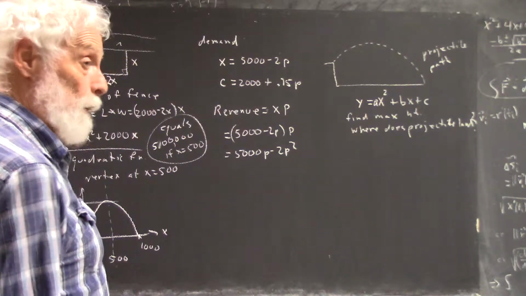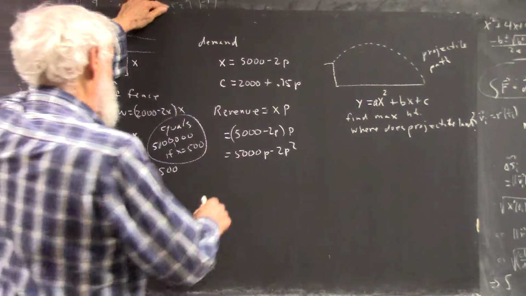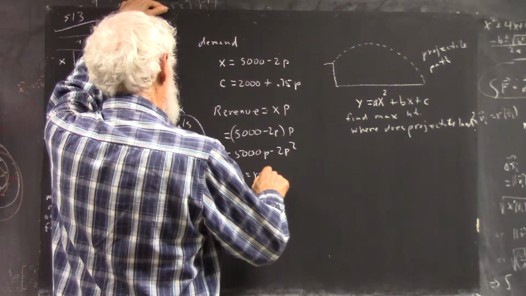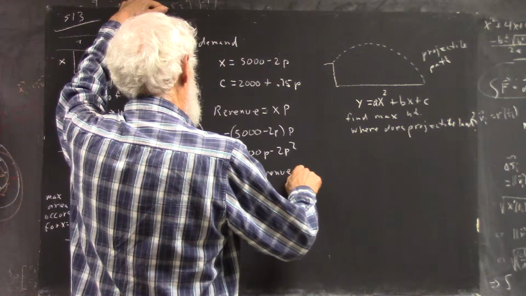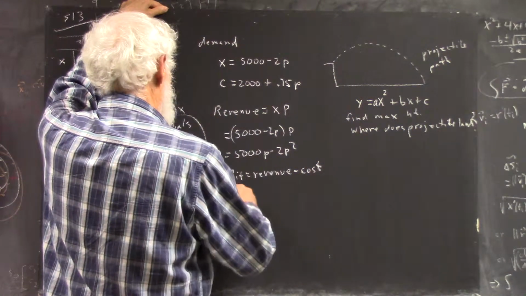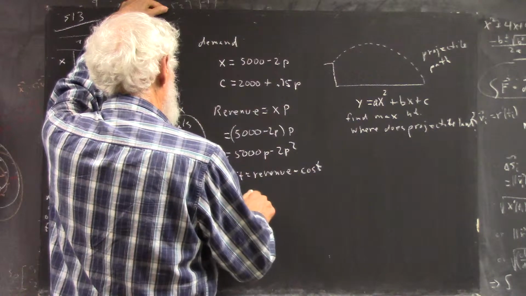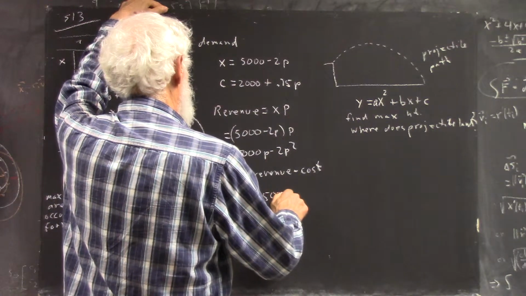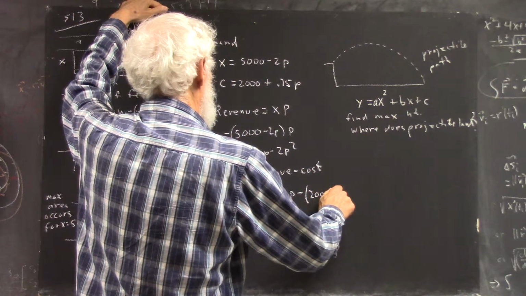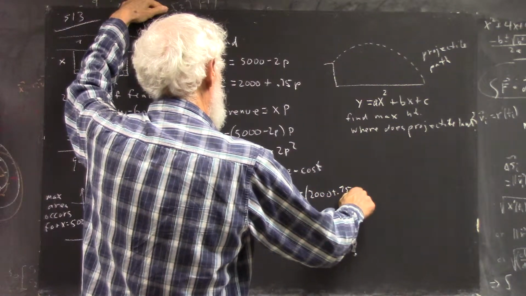Of course, what we really want to maximize is profit. And that's going to be, well, let's do it this way, negative 2p squared plus 5,000p minus (2,000 plus 0.75p).